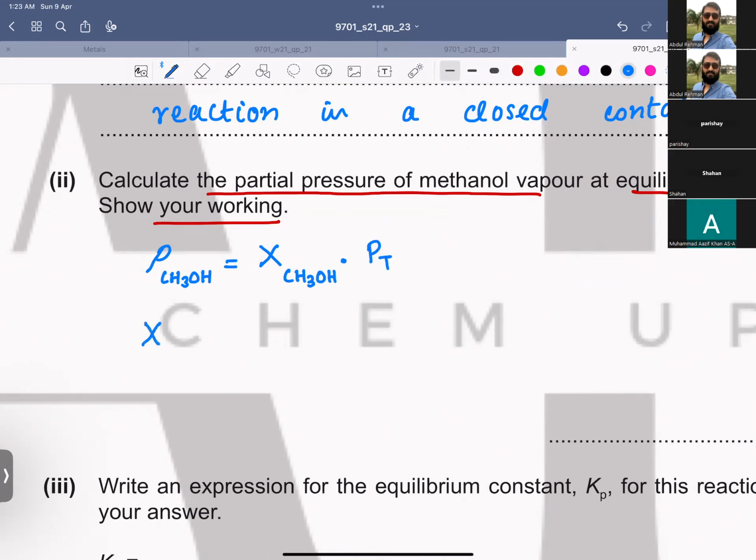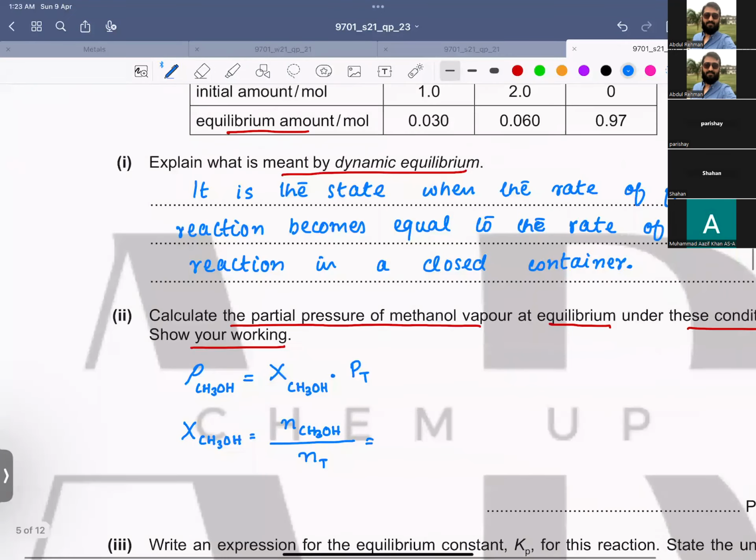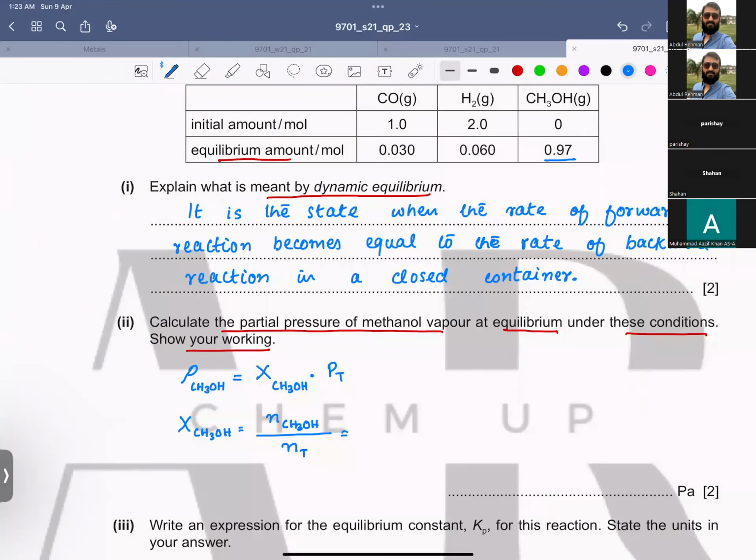And when I talk about the mole fraction of methanol, the mole fraction of methanol must be equal to moles of methanol divided by total moles. So here you go. I have moles of methanol, that is 0.97, divided by total moles, which would be 0.03 plus 0.06 plus 0.97.